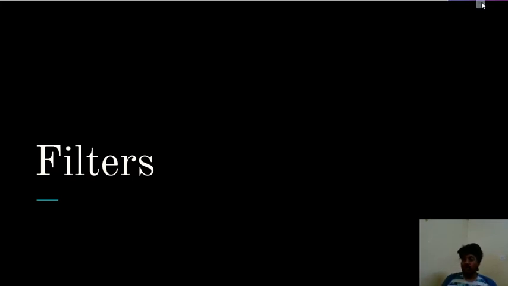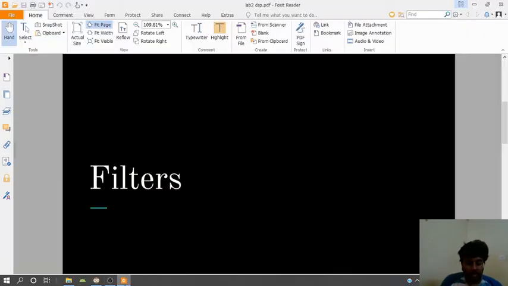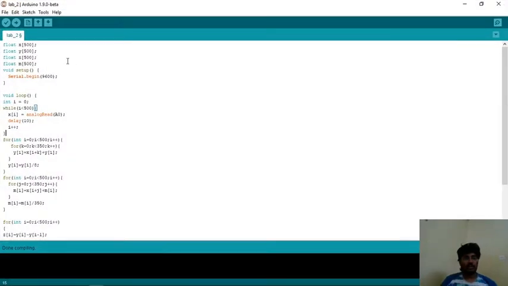Now going into the code for the moving average filter, just forget about these two variables. Think about this float x, which has 500 samples, and y.